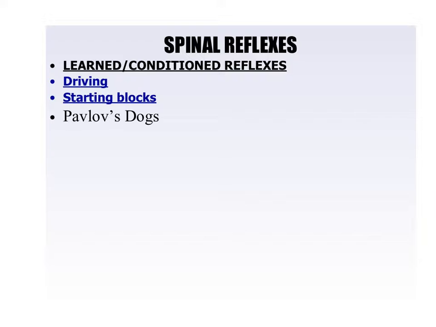All right, so a couple examples of these are what's called learned or conditioned reflexes. So these are reflexes that you learn or condition throughout your life. So one is driving. Now, most of you are driving, I'm guessing, and if you notice, sometimes you can drive to work or to school or wherever, and you get there and you don't even remember how you got there.